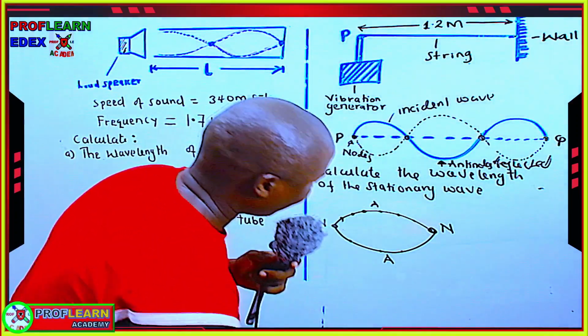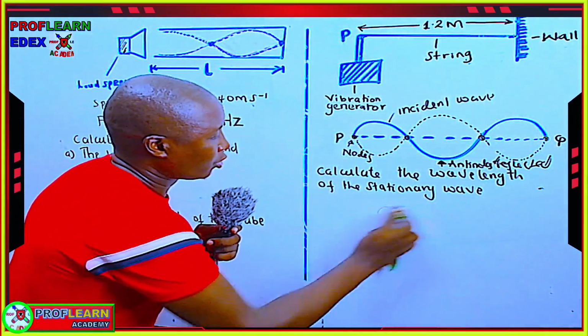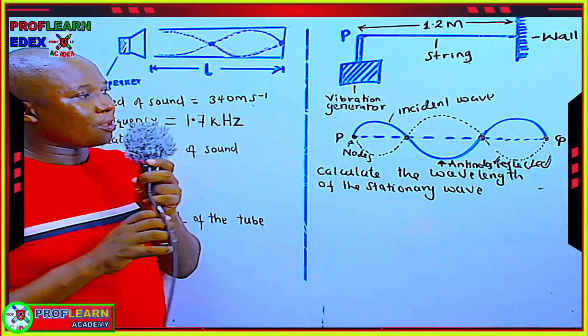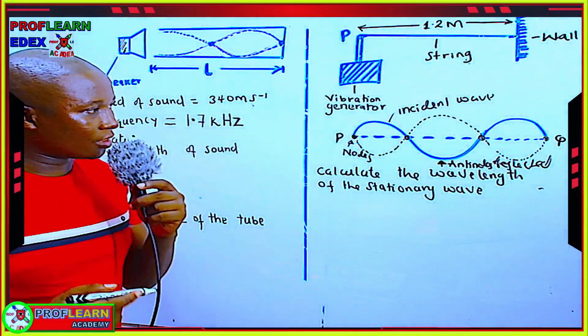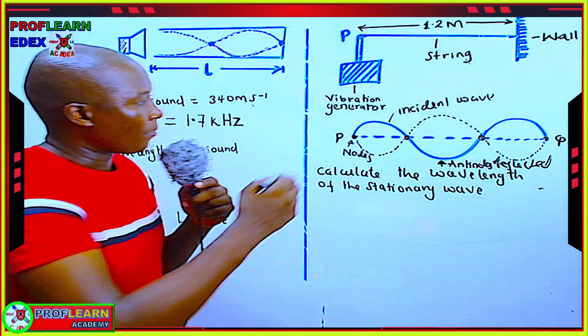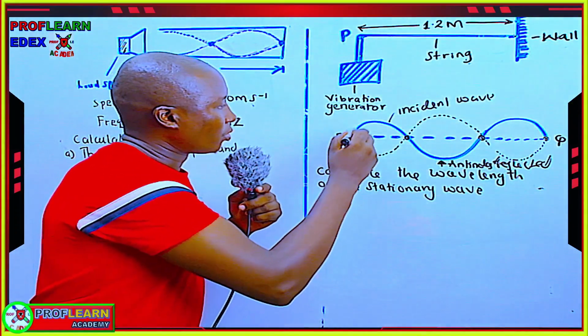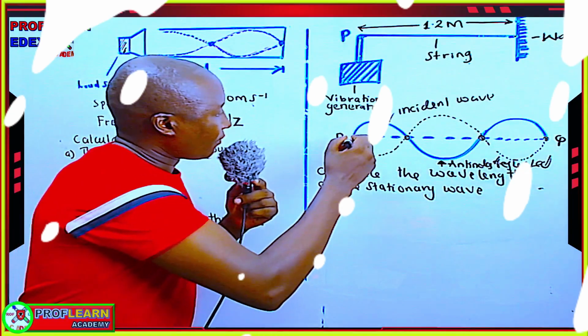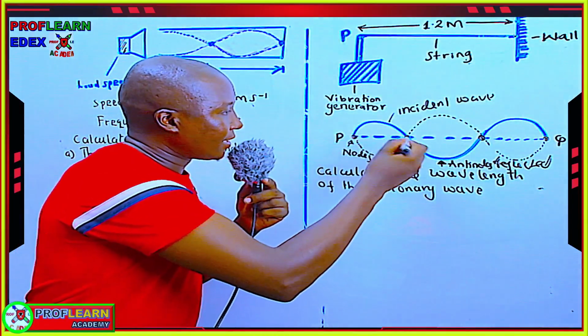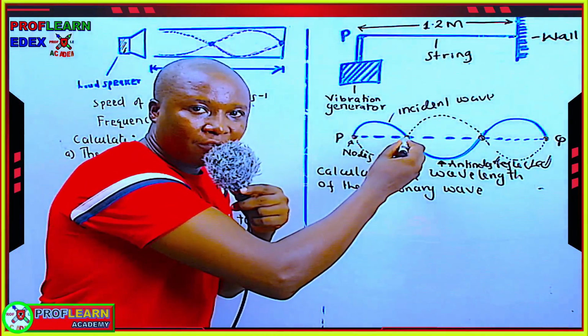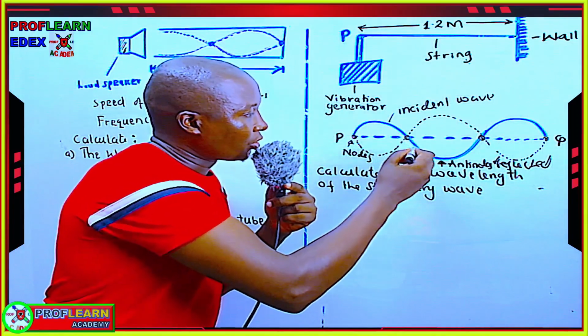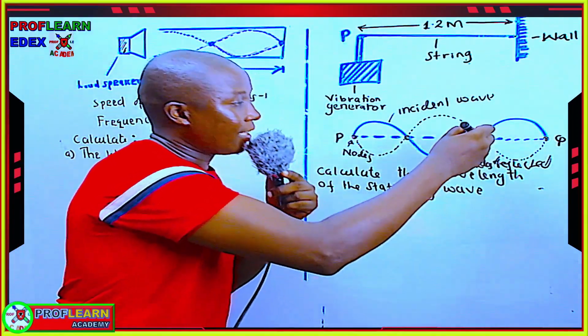But now let me first focus on how to work out the wavelength of this stationary wave. From this node to this node, we have a wavelength, and also here we have another half a wavelength.